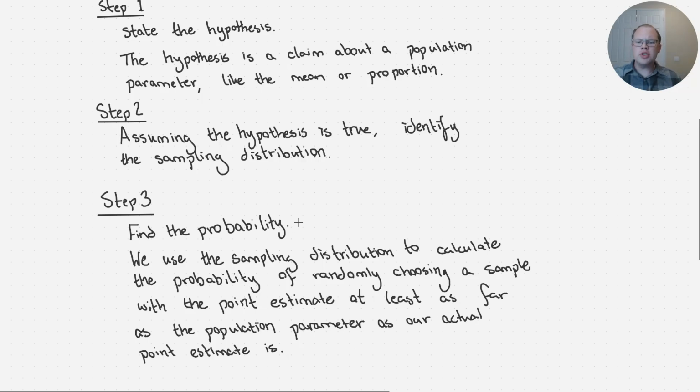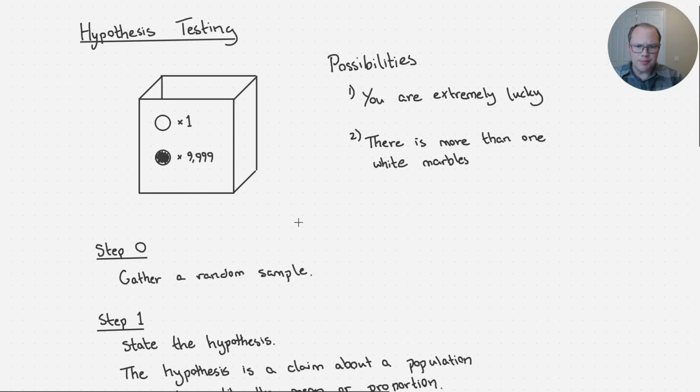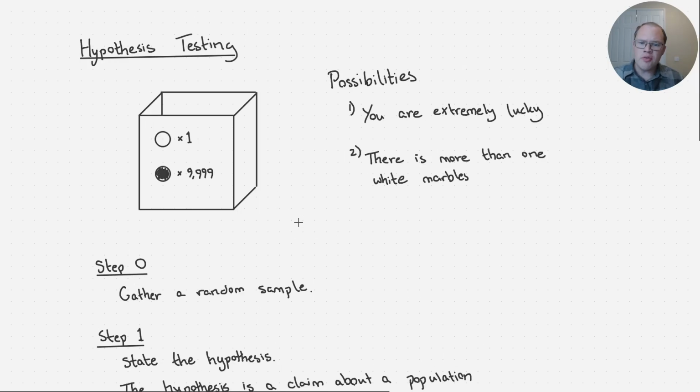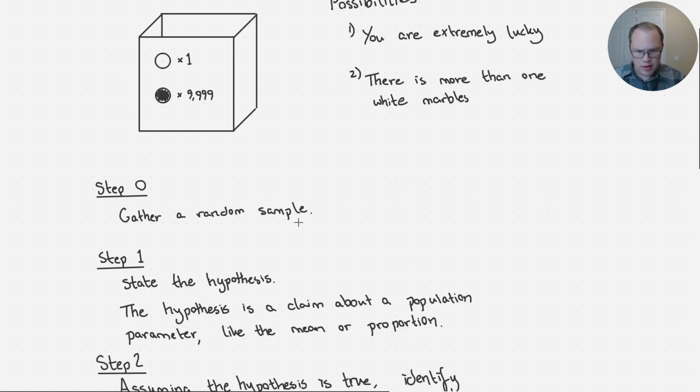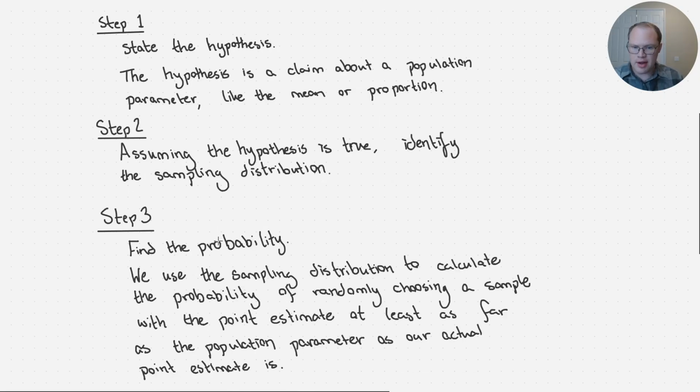Okay, so we're just finding the probability that we get the sample that we do. In the above example, we kind of used a more intuitive approach than what we're talking about down here. Down here, we're being very careful about doing this deliberately, right? We identify the sampling distribution, we calculate the actual probability.